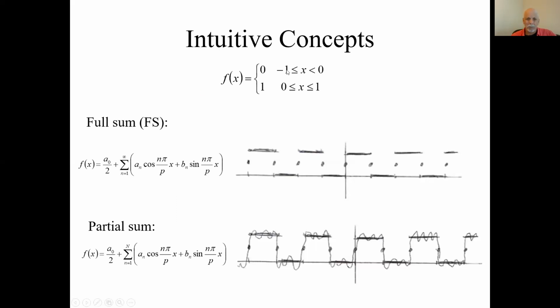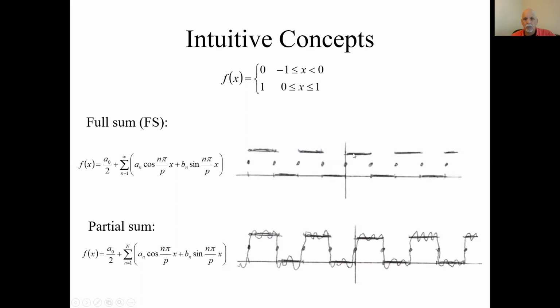Some intuitive concepts for these things. Let's say here's the original function, defined on a symmetric interval, -1 to 1: 0 on the negative side, and 1 on the positive side. So that's all the original function is, right there, from -1 to 1. But its Fourier series will converge to this thing graphed here. Remember, I can graph it without doing any calculations.